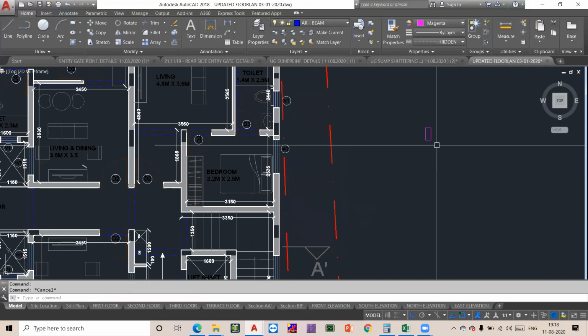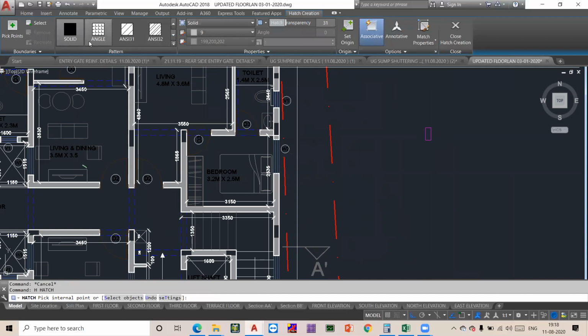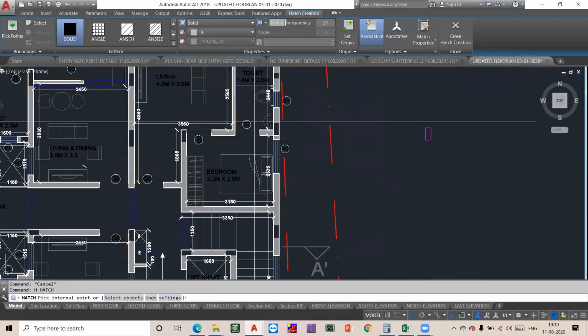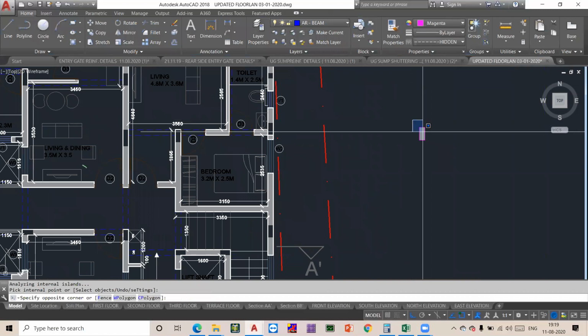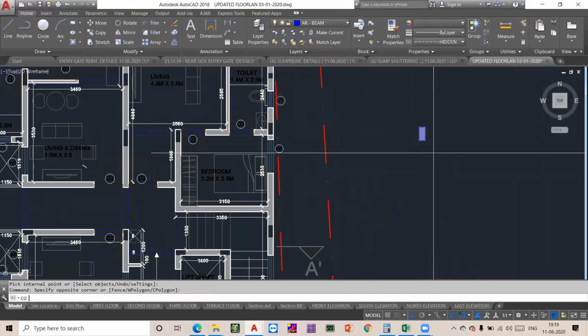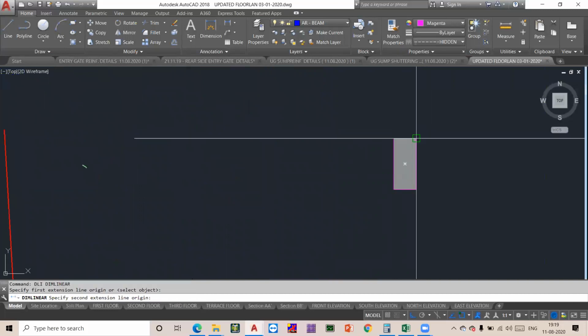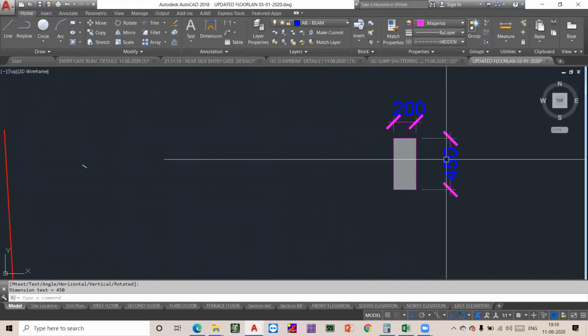Okay, we are also hatching it solid with color 9. So this is a column dimensioned 200 by 450.